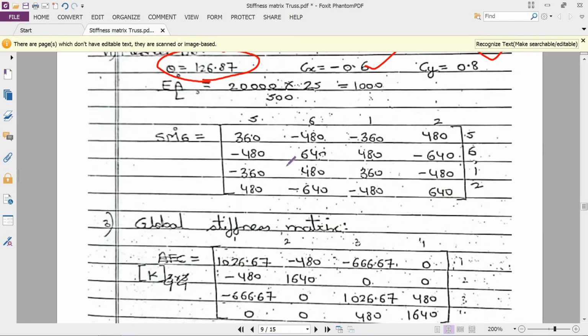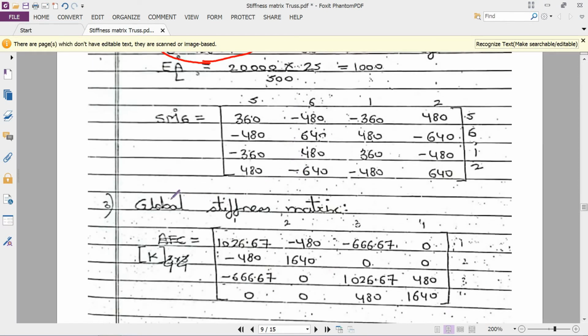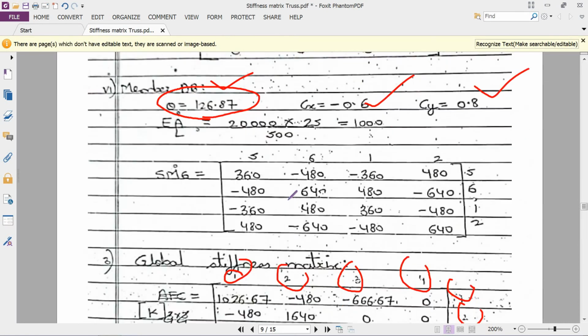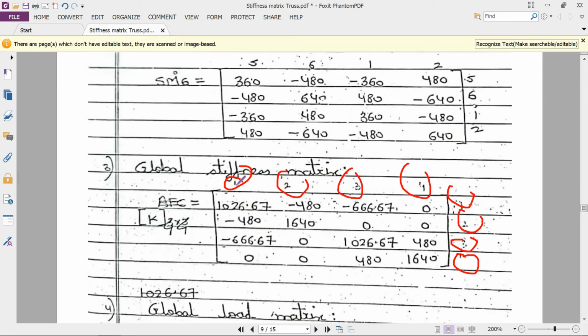After getting all this, we have to assemble all these matrices in the form of the global stiffness matrix. We know that the unknown values will be formed at coordinates 1 2 3 4, and here also 1 2 3 4. You have to very carefully see the combinations 1 1, 2 1, 3 1, 4 1, then 1 2, 2 2, 3 2, 4 2.